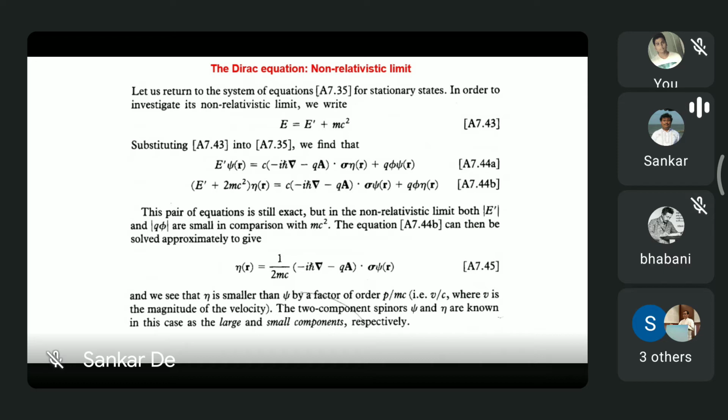It's actually a rearrangement, and then we will see whether we can reach that equation or not.